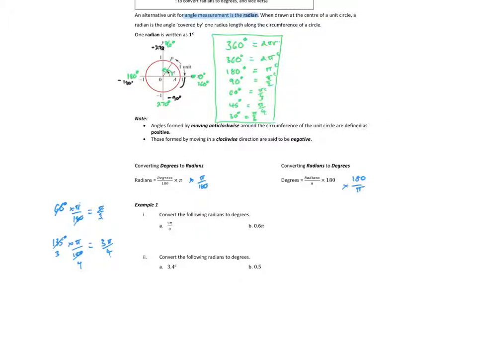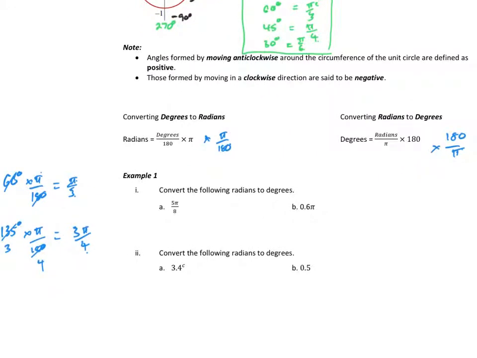So if I come in here, let's multiply by 180 over pi. So the pi symbols cancel. 8 and 180, we could try and find common factors. So 4 will go into both of those. 4 goes into 8 twice. 4 goes into 180, 40 times is 160, so it's going to be 45 times.